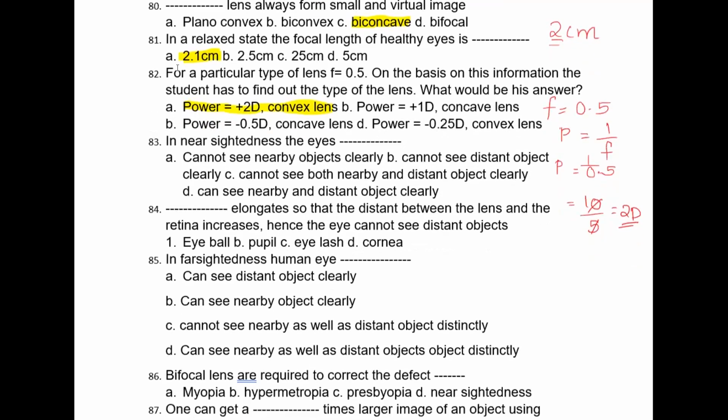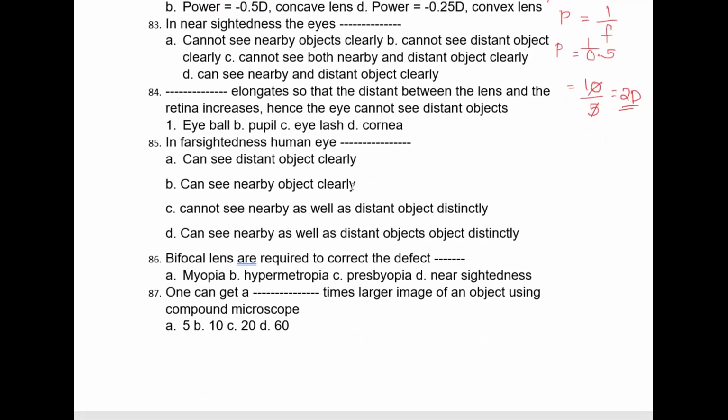Next question. In nearsightedness, the eyes dash. Cannot see nearby objects clearly, cannot see distant objects, cannot see both nearby and distant objects clearly, can see nearby and distant objects clearly.